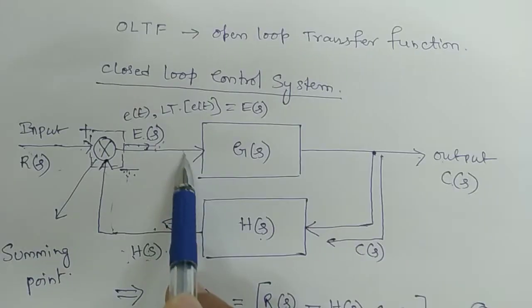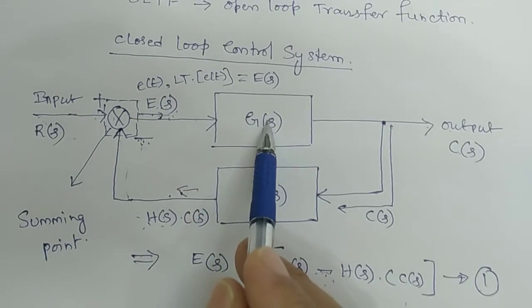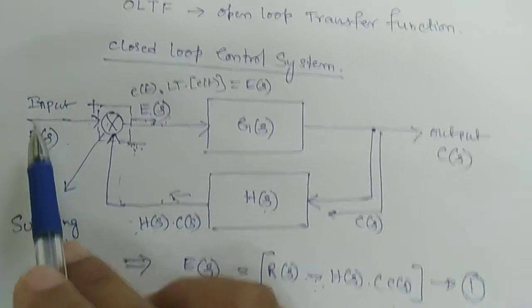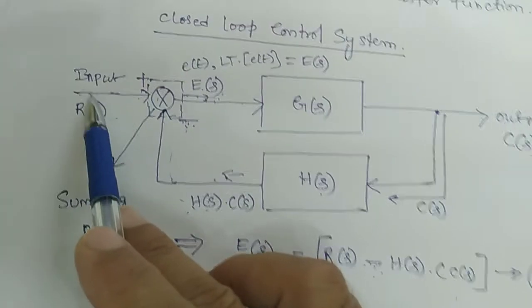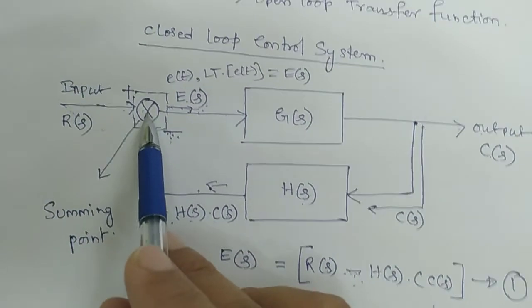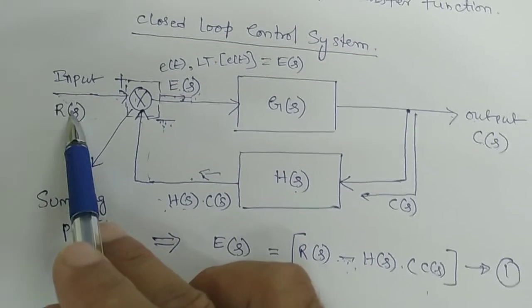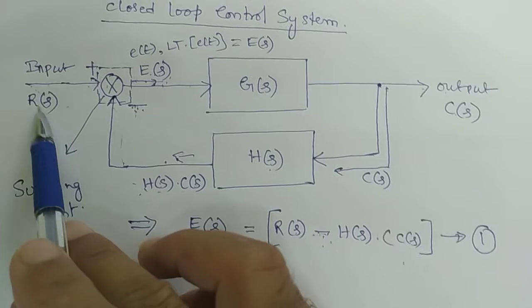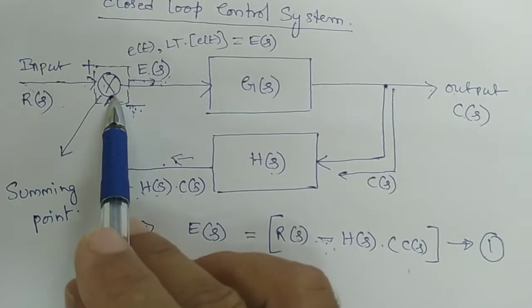What is the input to this gain? Not your R(t), don't confuse. R(t) is the input, but this input goes to the summer only. It is not directly the input to the gain. R(t) is the input only up to this summer.